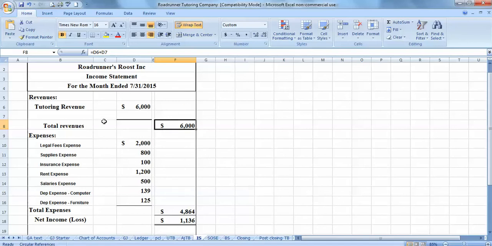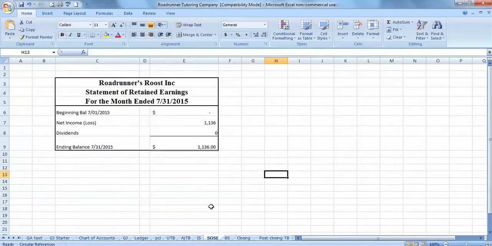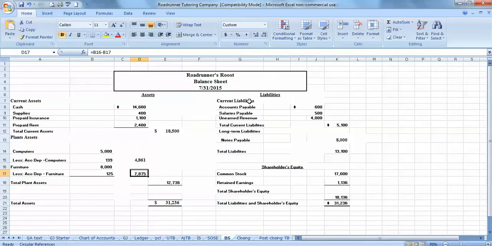They're only reflective of that time, as is the dividends account in the statement of retained earnings. And so we want to go ahead and close out that dividend account. Now, as it is in Roadrunner's Roost, there were no dividends paid, but we will still explain how this is done. The accounts in the balance sheet are permanent accounts. They are not closed. They will go forward from period to period.